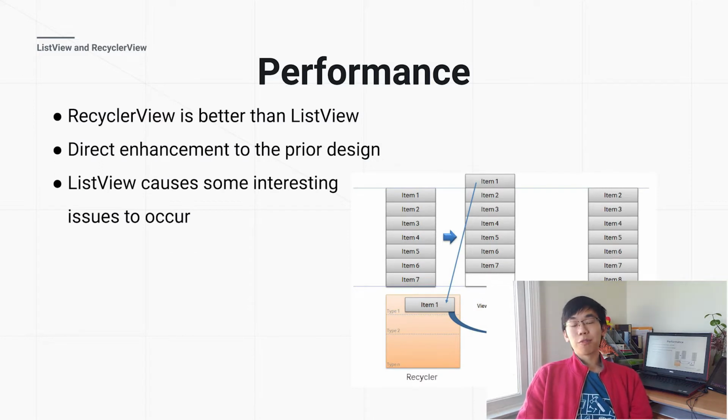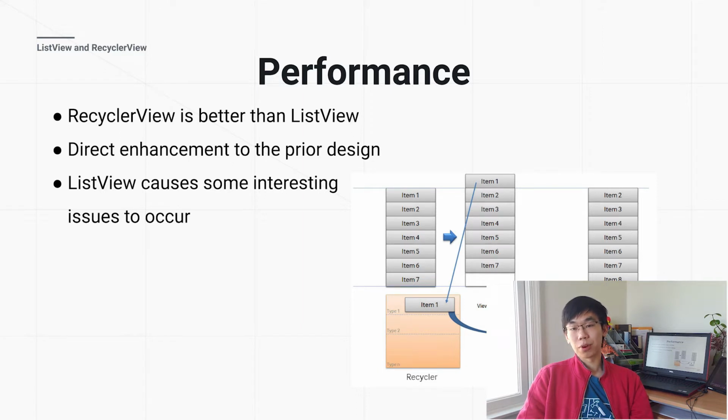So, performance. This is where the difference really is. ListViews are a very old view in Android, and as such, they have been terribly optimized. RecyclerViews are faster in almost every way.